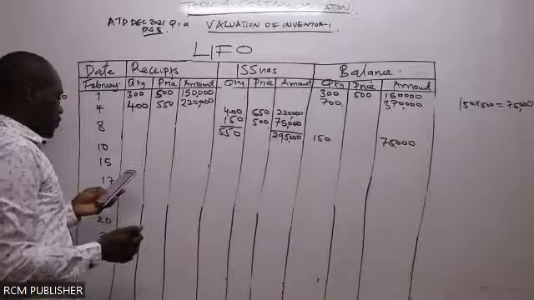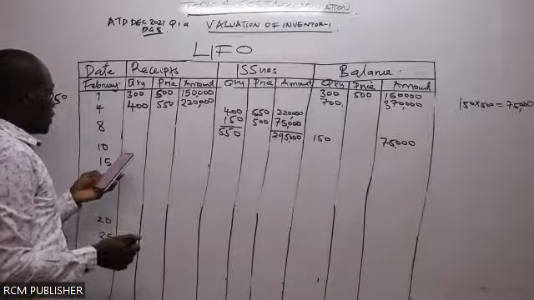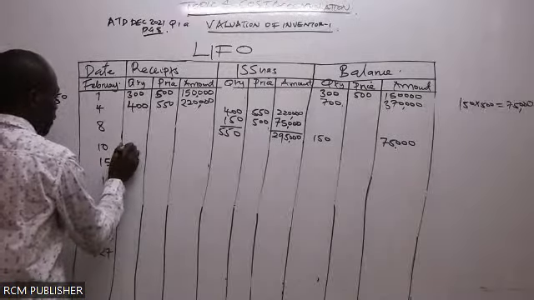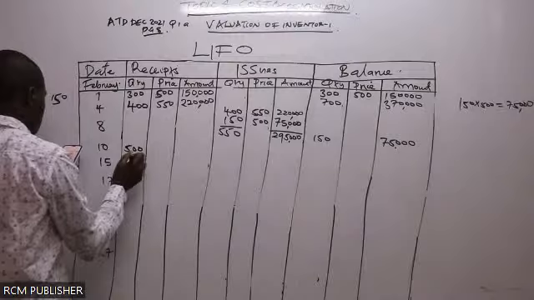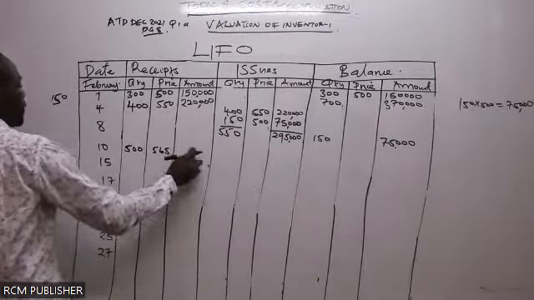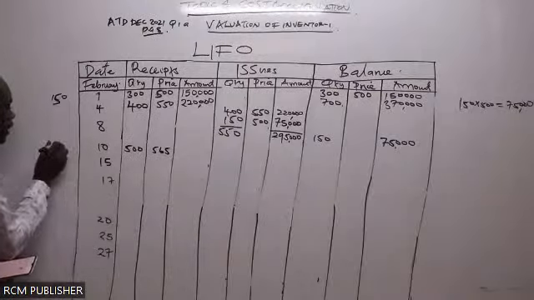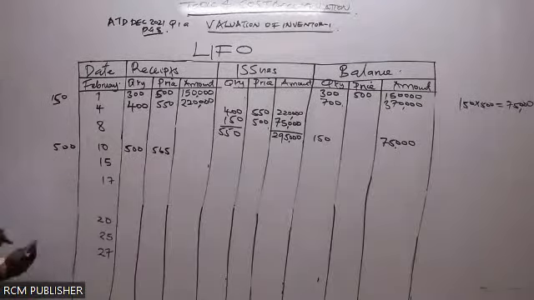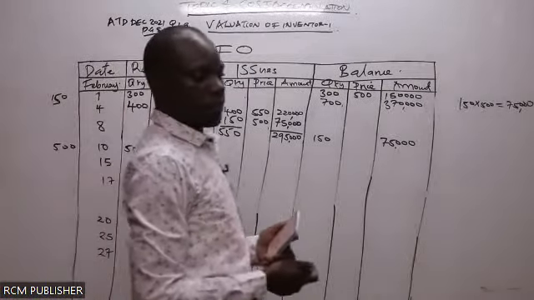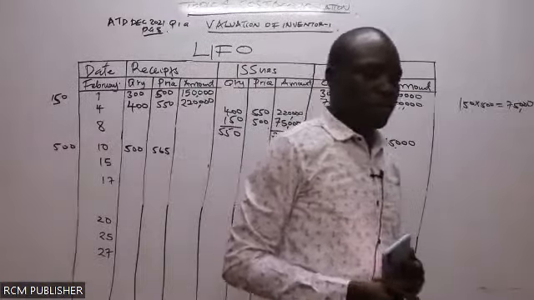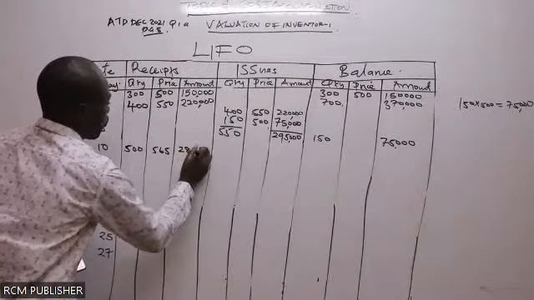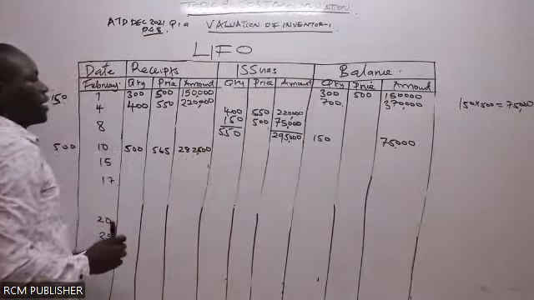Okay, let's move to which date? The 10th. They are receiving goods, that is 500 units at 565. What are we going to have as the value? I indicate that I've received an additional 500. The value is 500 by 565, which is 282,500. 282,500 has been received.